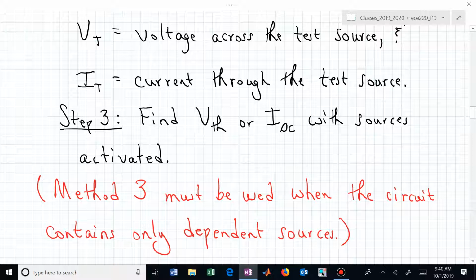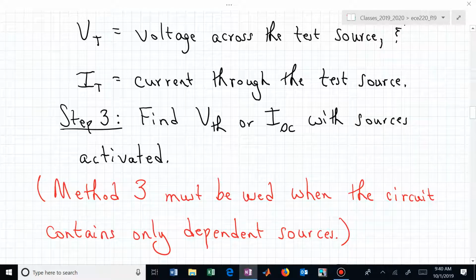All we've done so far is find our Thevenin resistance. We still need to find the source in that Thevenin or Norton equivalent. And then step 3 is to find that with all of our independent sources reactivated. This one always works. Method 3 always works.